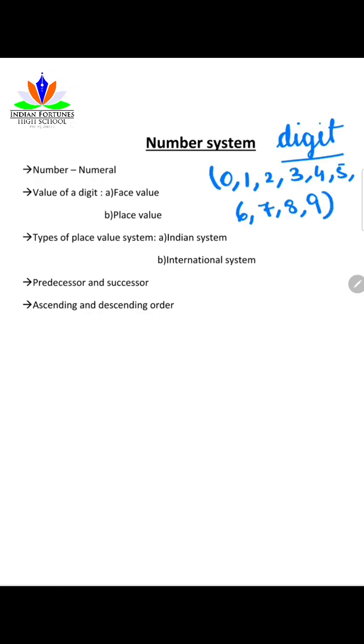These are all the digits. 0 to 9 are the digits. So, if someone asks you a question, there are how many digits? Then there are 10 digits.